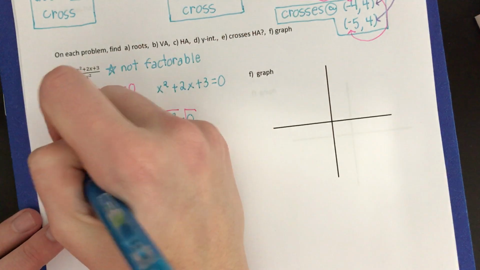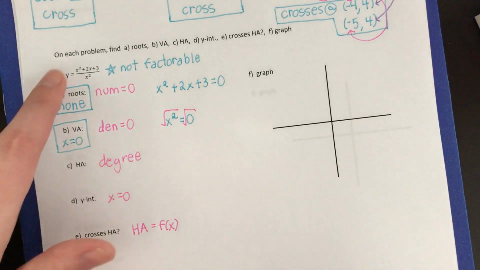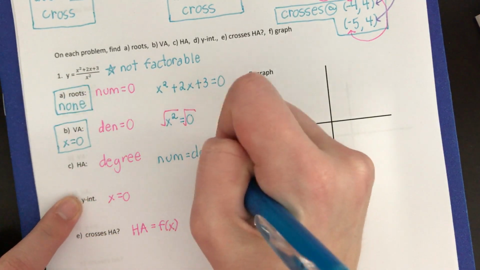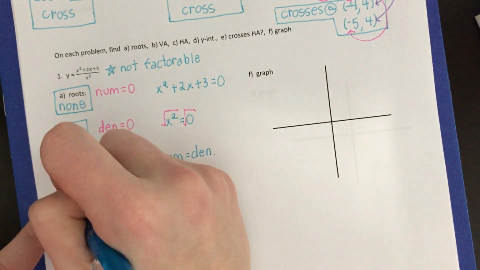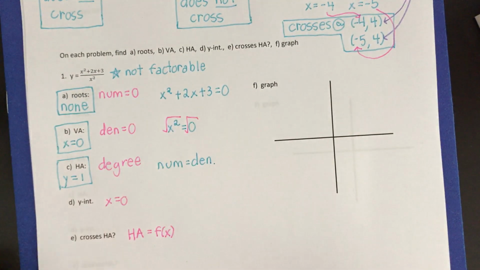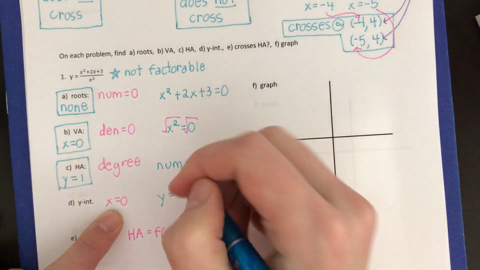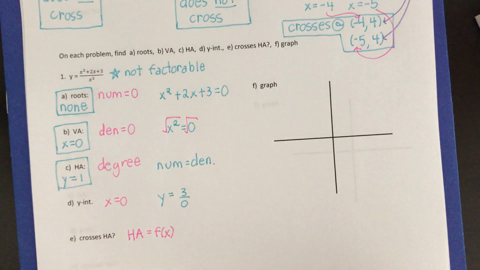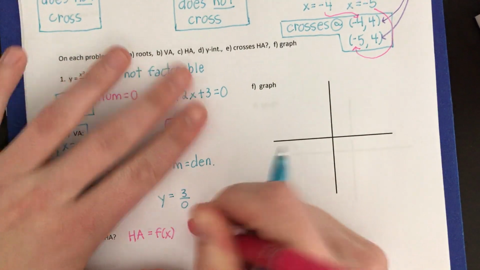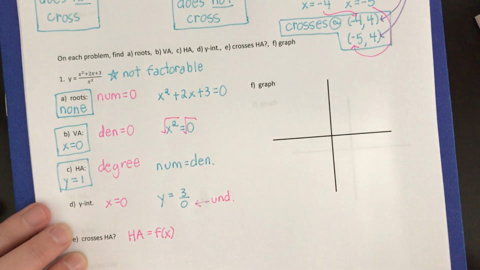So x equals 0. Degrees: the degrees match, so numerator equals denominator. That would be y equals 1, because my coefficients are 1 in the numerator and the denominator. For the y-intercept, x equals 0, so this would be y equals 3 over 0. That would be undefined. Remember that. Undefined, so that means none.